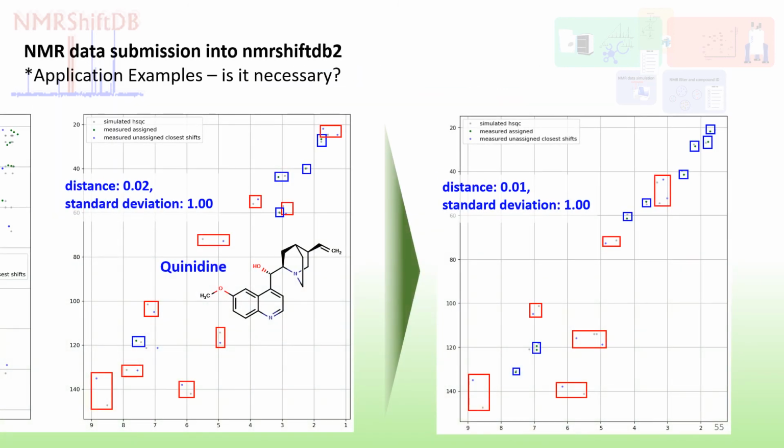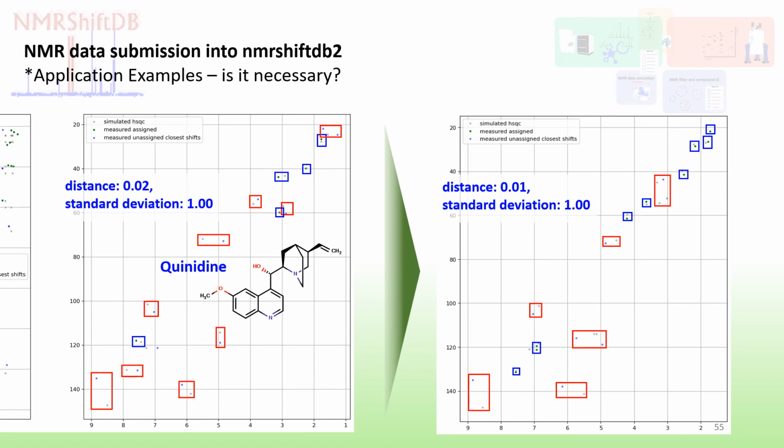So how necessary is this data submission for our method? Since the method relies on a step that uses the database for chemical shift predictions, the accuracy of those predictions will be better if similar compounds are cataloged in the database.